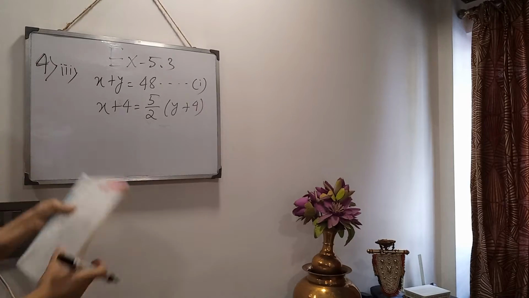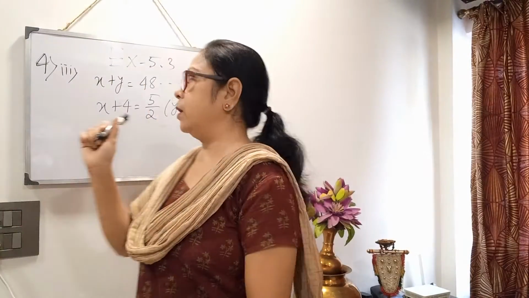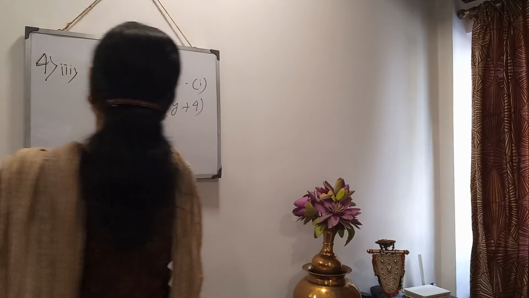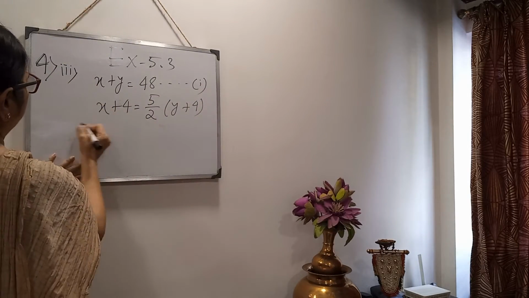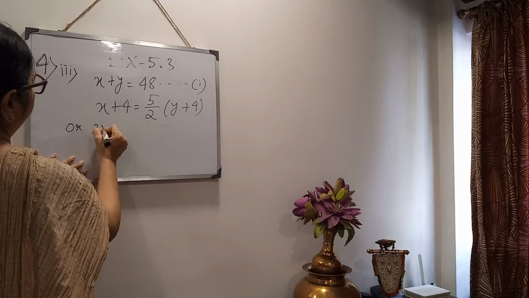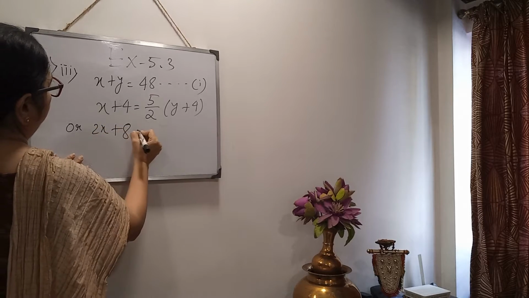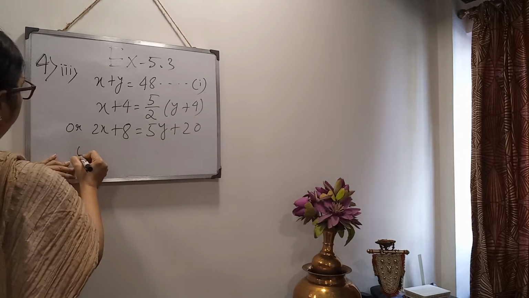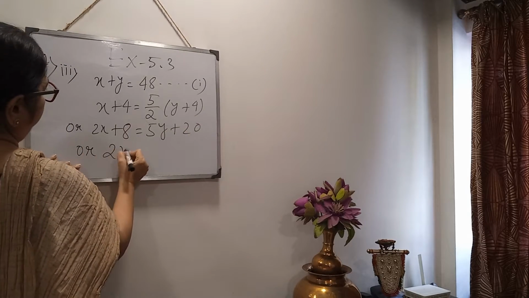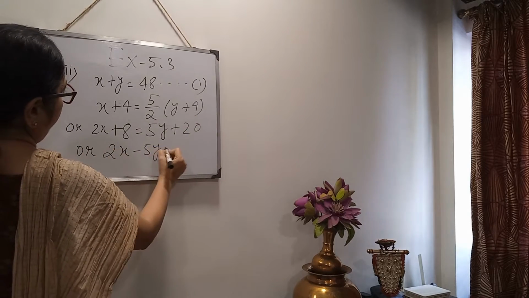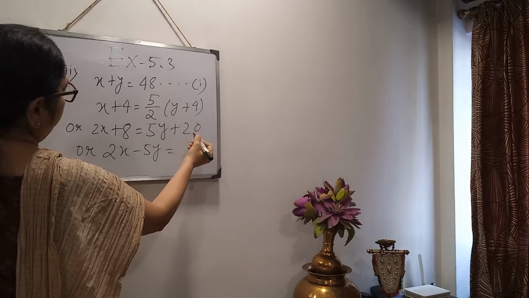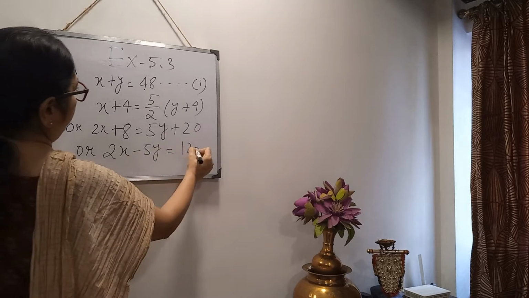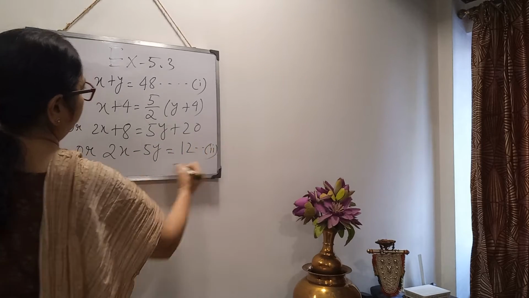First, I will convert this given equation to the same type. So, cross multiply, 2x plus 8 equals 5y plus 20. Then bring the unknown variables to the left hand side, and 20 minus 8 means 12. Now this is my equation number 2.